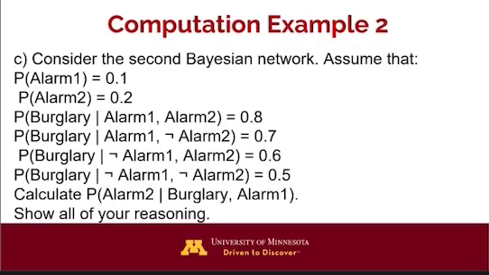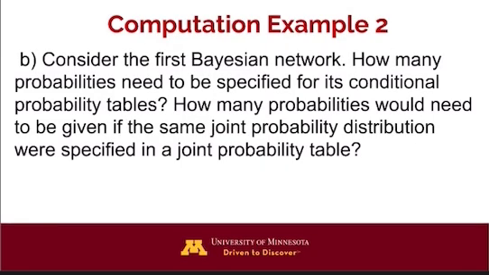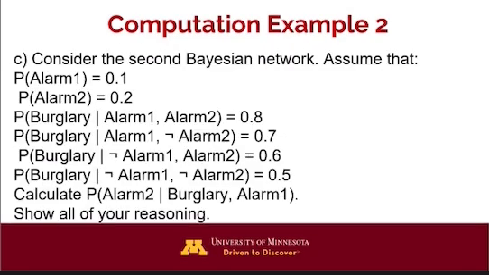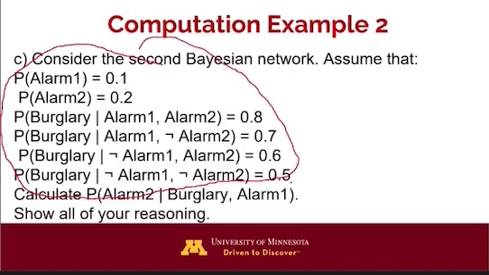And C, they wanted to figure out, consider the second Bayesian network, assuming they gave you all this, they wanted to find the probability of alarm 2 depending on burglary and alarm 1.